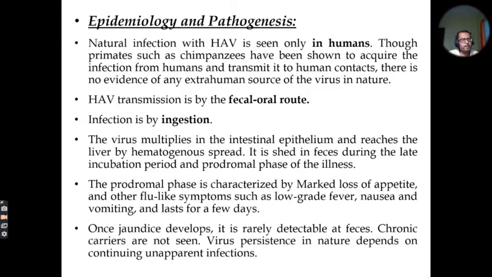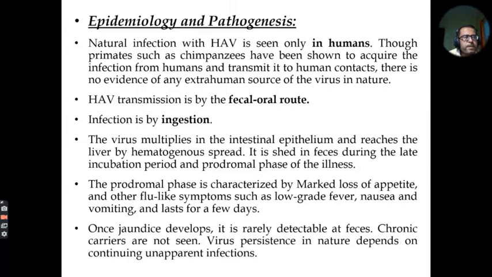artificially we can infect chimpanzees, which can acquire infection from humans, and that chimpanzee then can transfer this infection to human contacts again. So hepatitis A infection only occurs naturally in human beings, but artificially we can infect chimpanzees and marmosets.